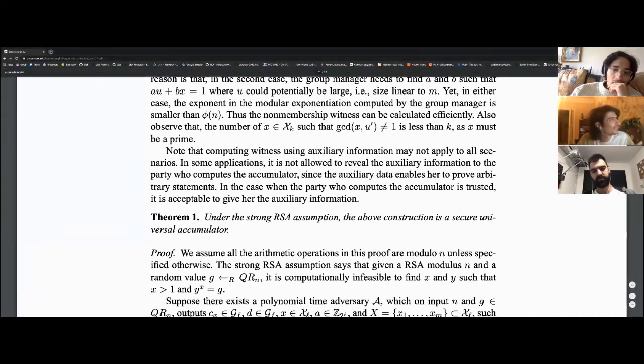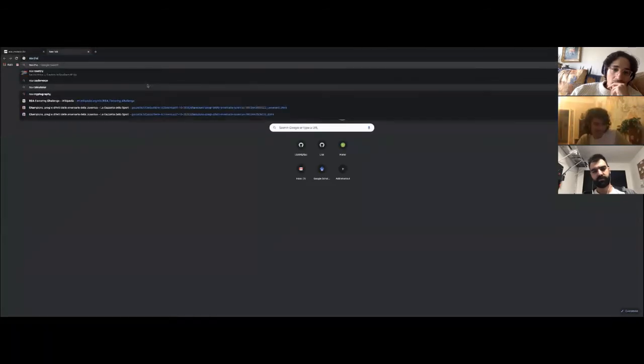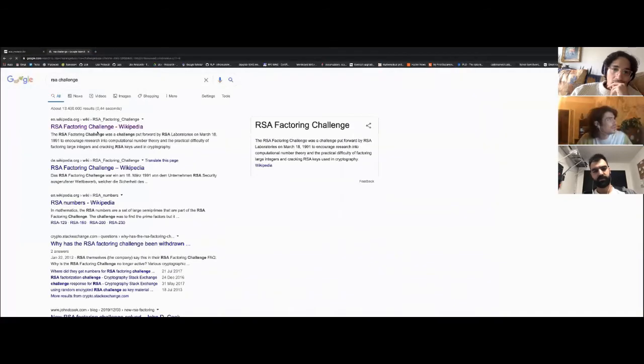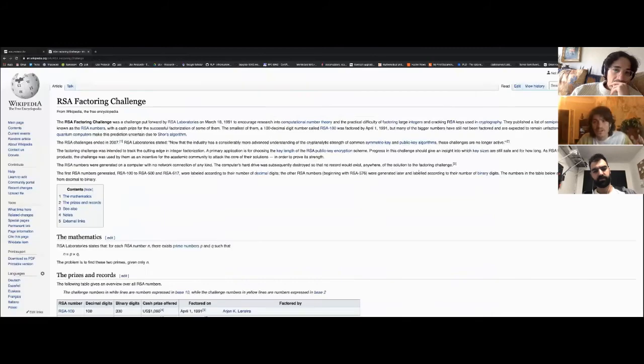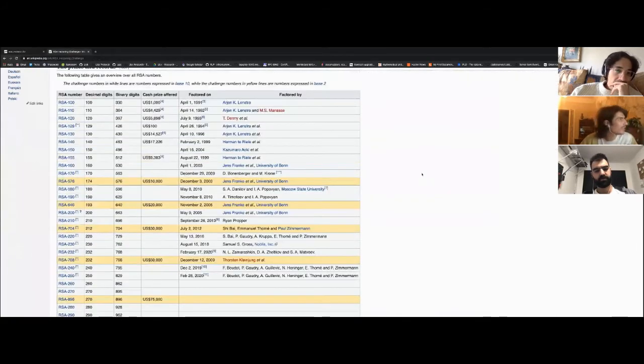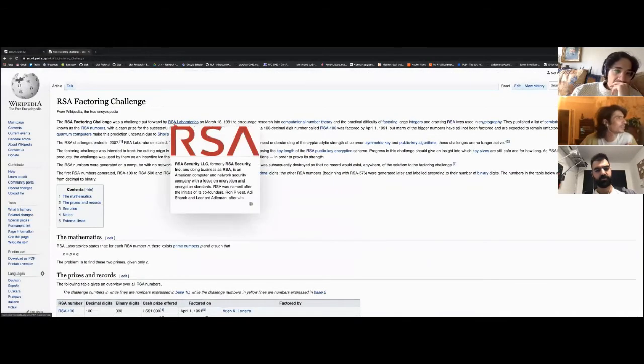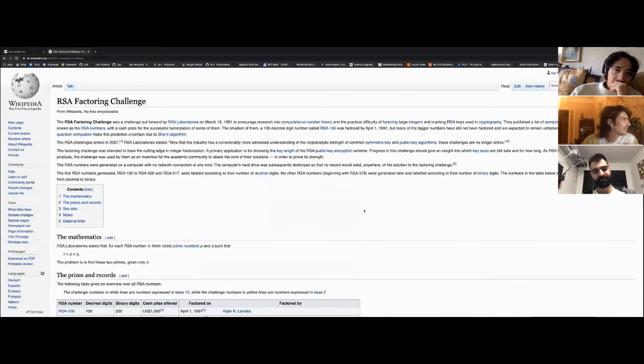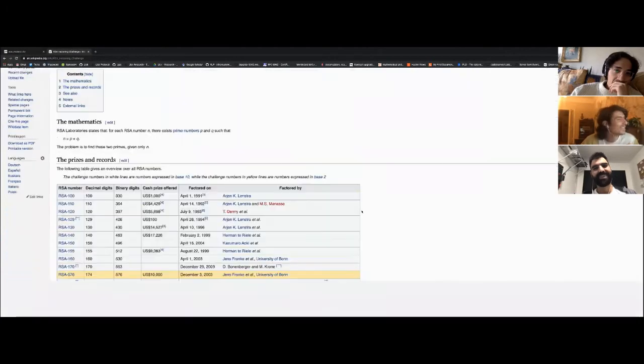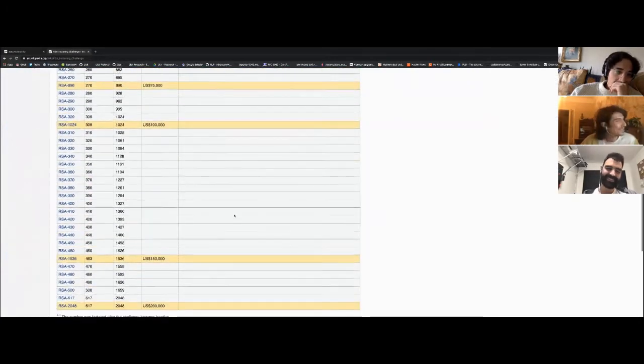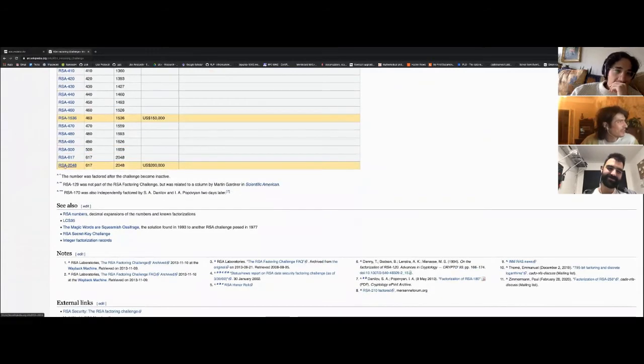And there is this RSA challenge. Basically, some very large numbers that were published, I think, by RSA Laboratories, where you are challenged to find the factorization of a very large number.